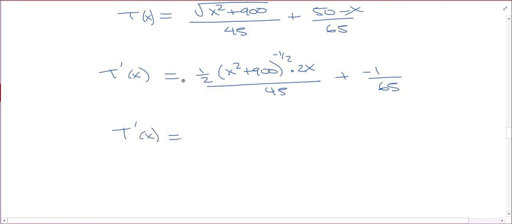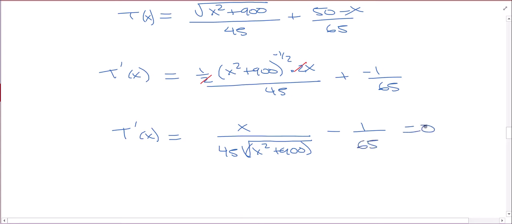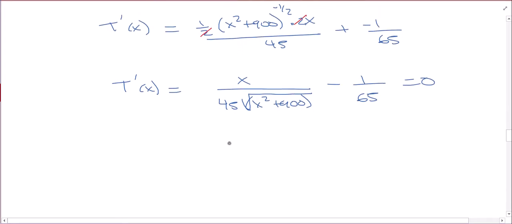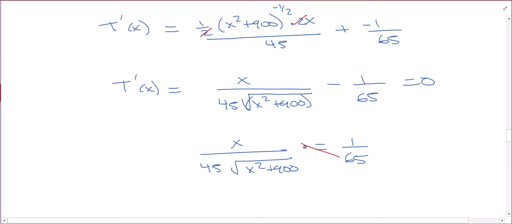Now simplify it so that we can solve for x. My 1/2 here cancels with that 2. We can bring this negative 1/2 exponent to the bottom. So on the top, we're just going to have x over 45 times the square root of x squared plus 900, minus 1 over 65, and set it equal to 0. You can either get a common denominator, or because I have two fractions, I'm just going to leave the first one as is and add the 1 over 65 over, and this is going to allow me to cross multiply.